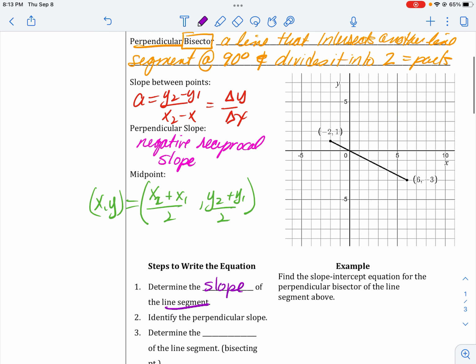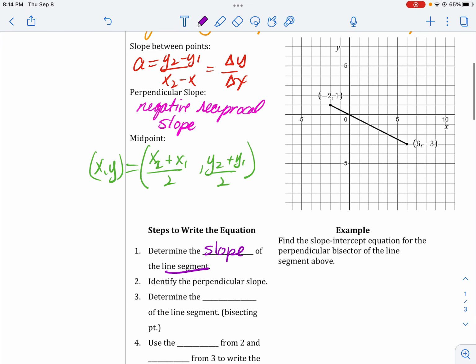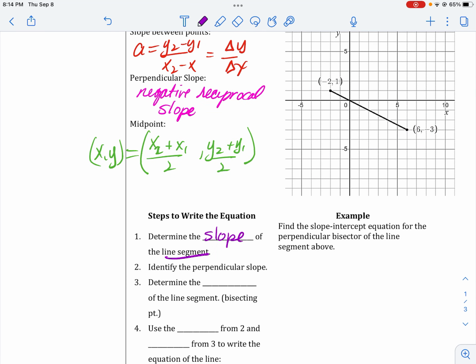We're going to use the coordinates: -2, 1, and 6, -3. We label x1, y1, x2, y2. a equals -3 minus 1 over 6 minus -2. That's -4 over 8. That's -1/2.